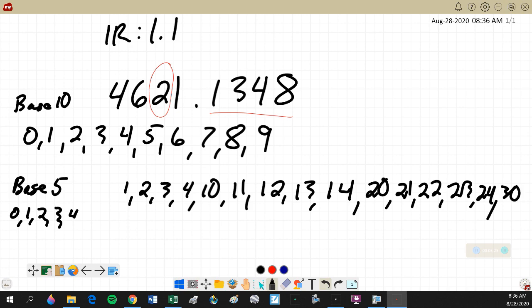Okay, so let's say 47. Oh, wait, we don't have a 7. 42, 43, 44, 50 does not exist because I don't have a 5. 60 doesn't exist, I don't have a 6. 100.